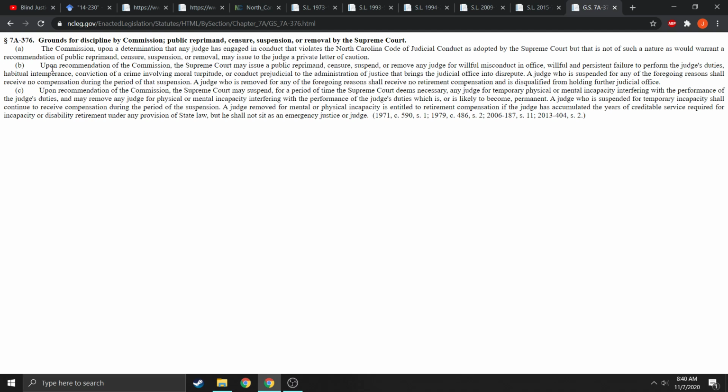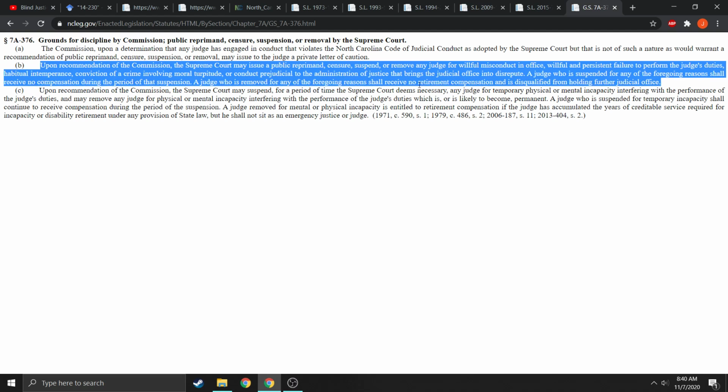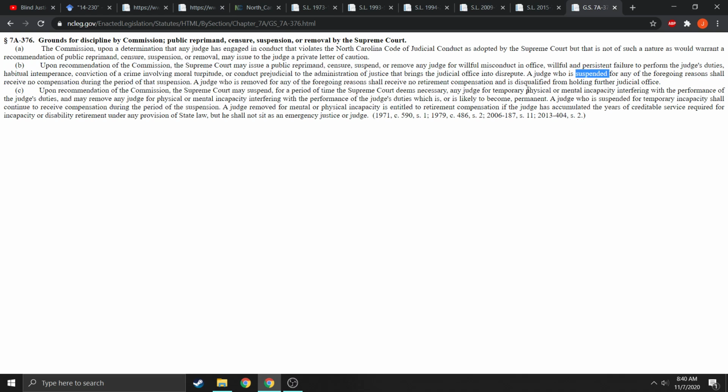And upon recommendation of the commission, so this isn't in criminal court, the Supreme Court has original jurisdiction on this stuff. The Supreme Court of North Carolina, I should say. Upon recommendation of the commission, the Supreme Court may issue a public reprimand, censure, suspend, or remove any judge for willful misconduct in office, and so on. So this is how a judge can be removed from office, etc.